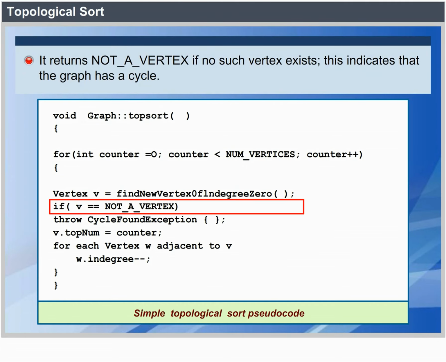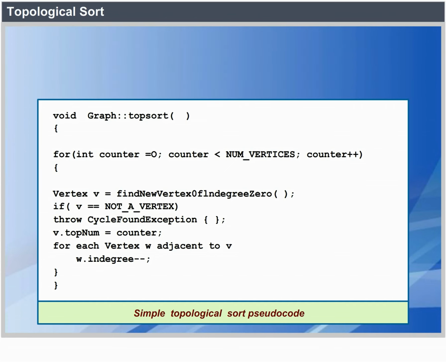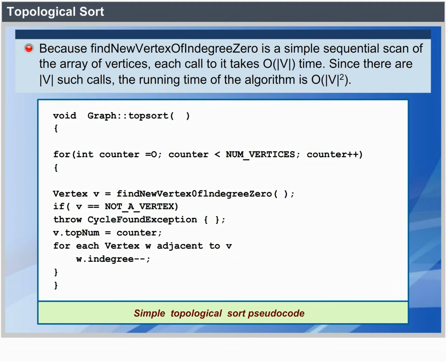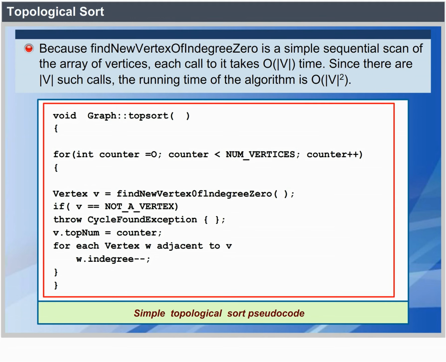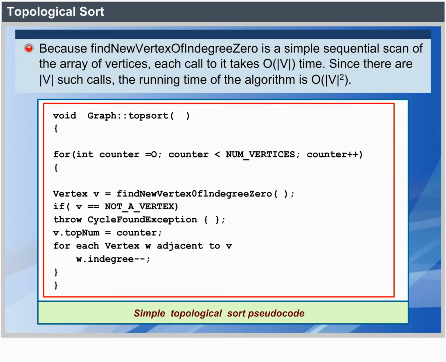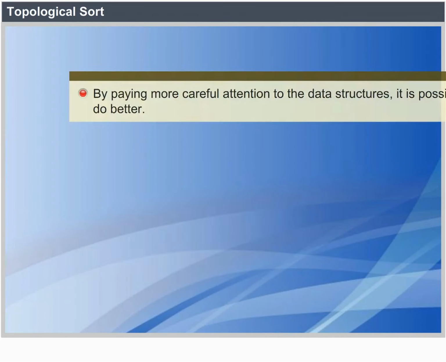Because FindNewVertexOfIndegreeZero is a simple sequential scan of the array of vertices, each call to it takes O(|V|) time. Since there are |V| such calls, the running time of the algorithm is O(|V|^2). By paying more careful attention to the data structures, it is possible to do better.